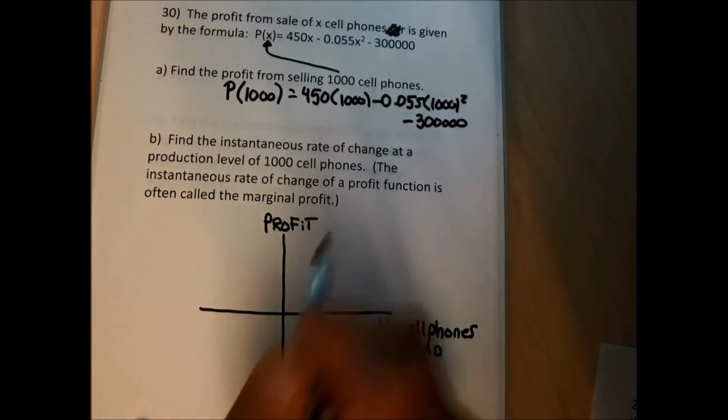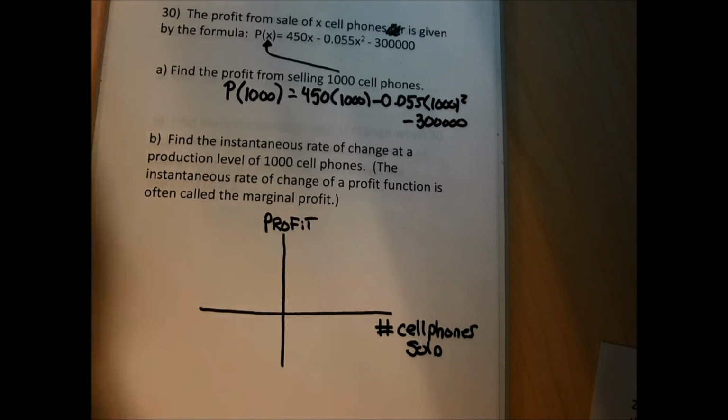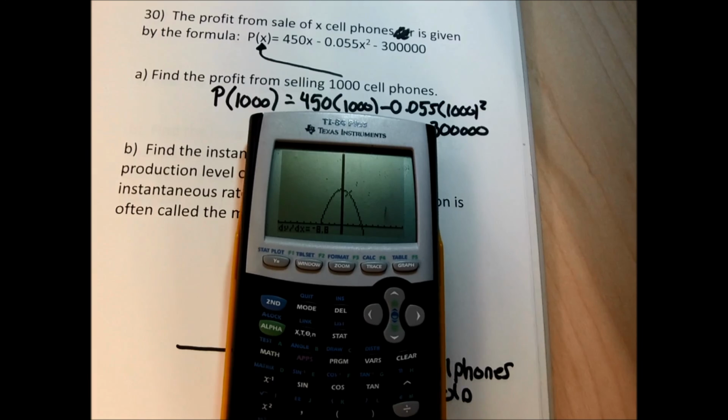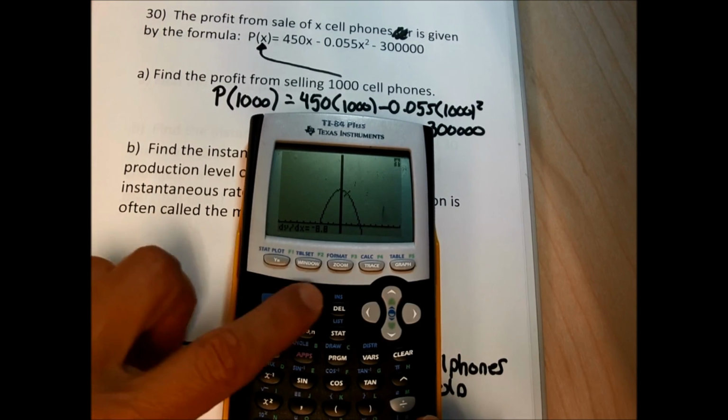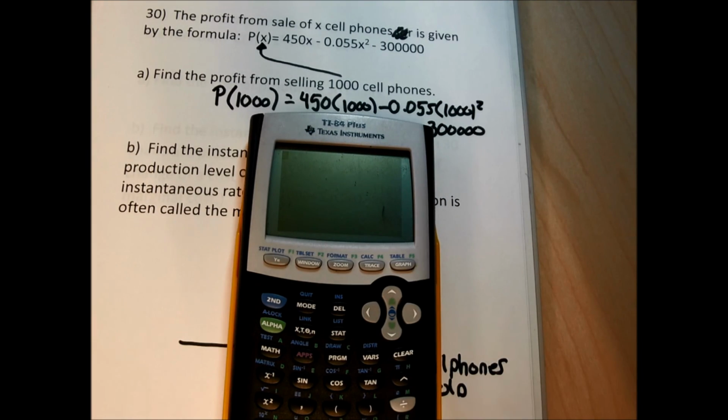And I have no chance of doing that without my calculator, so I'll pull out my calculator, try to do that computation, second quit, clear out my main screen, and go 450 times in parentheses 1,000 minus 0.055 and then times parentheses 1,000 squared and then minus 300,000.